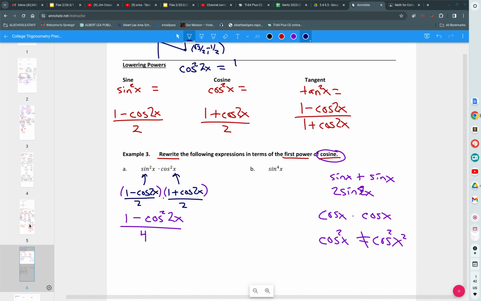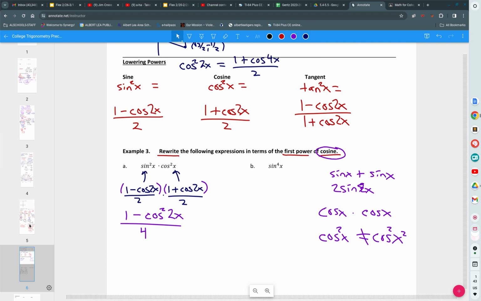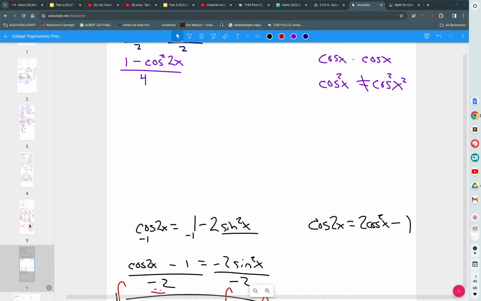So it's still a 1, it's still plus, it's still cosine, but instead of 2x, it's going to be 4x. So all we have to do is double that angle. So as I go to this piece right here, I have a 1 minus, and we said it was 1 plus the cosine of 4x over 2, and that all sits over 4.